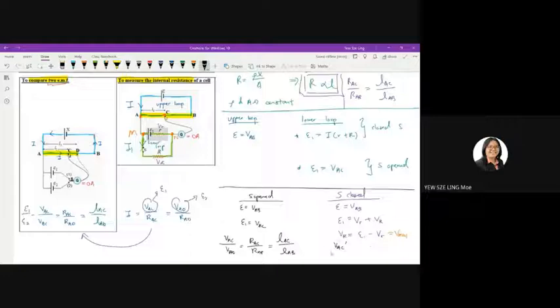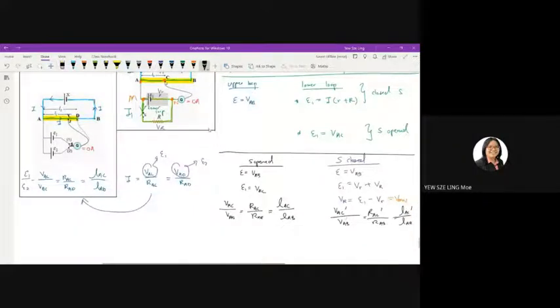VAC prime over VAB equals RAC prime over RAB equals LAC prime over LAB. So what you can say in these two cases is that when S is open, VAB is equal to EMF and VAC is equal to EMF1.